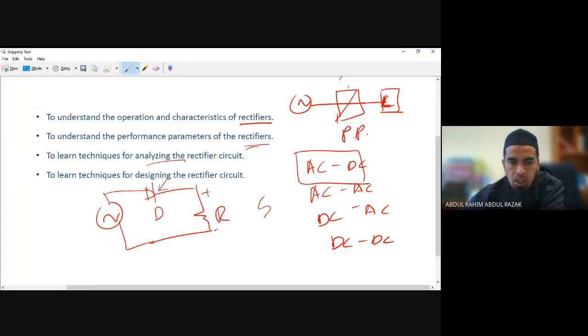Then to learn the techniques of designing the whole circuit, what you need to consider in designing the entire rectifier module. This is your source, this is your load, this is your device. The whole of these three items is considered your system. So that is what we expect you all to understand throughout this chapter.